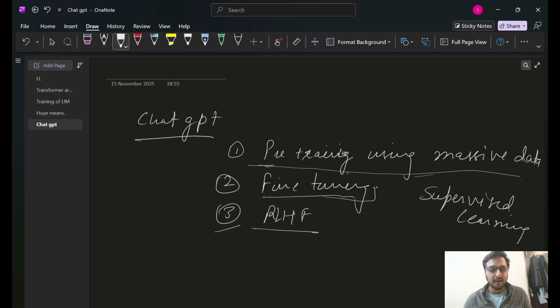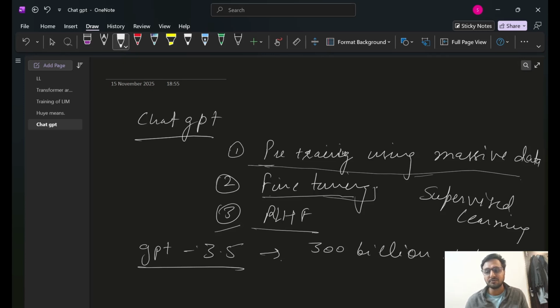Okay, so I'm telling you a few things about ChatGPT, the GPT 3.5 model. You can think about the number of tokens that were used to train this model. Let me write it: 300 billion tokens were used to train this model, and a huge amount of GPU power was used.